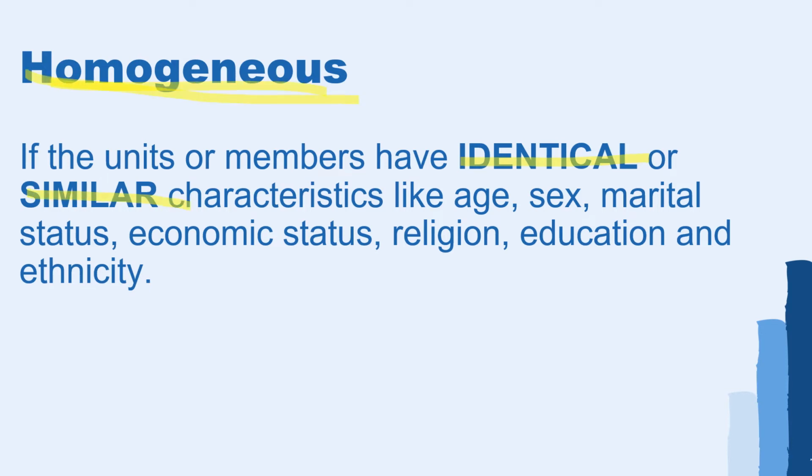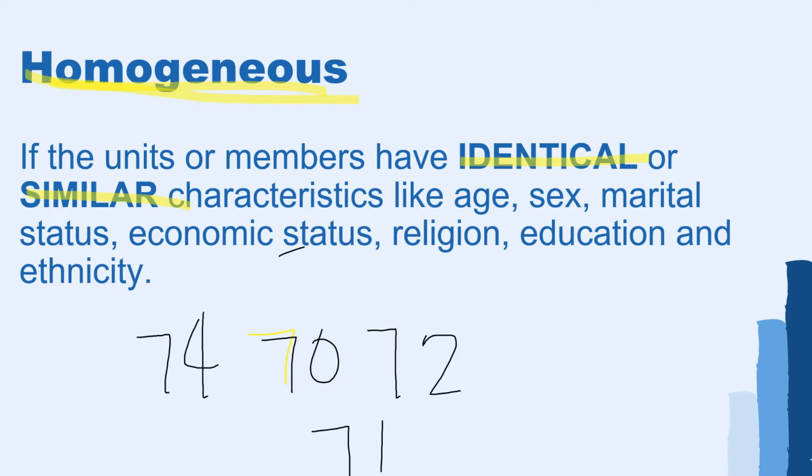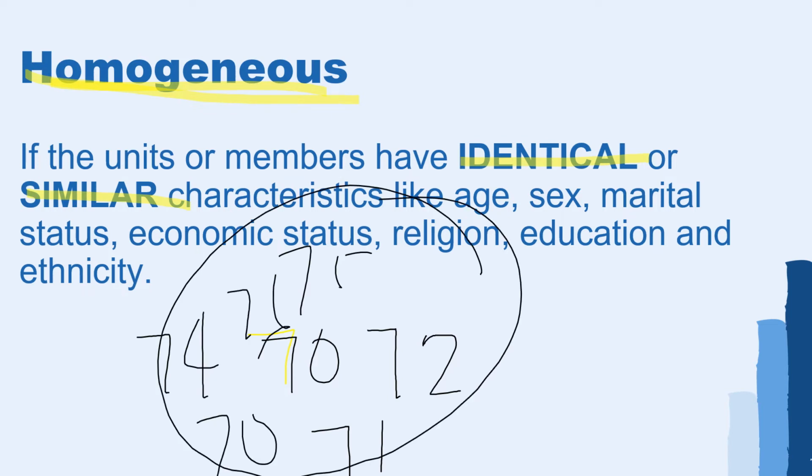For example, I can say that the students in section J have homogeneous scores. It means, class, that if one student scores 70 on the major examination, another student may have scored 72, another 71, another 74, 75, 70, and 76. In other words, their scores are close to one another. Their performance is almost the same. That's what we mean by homogeneous.